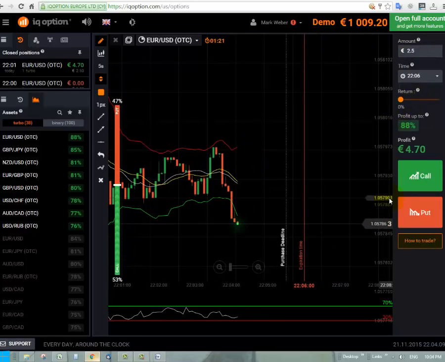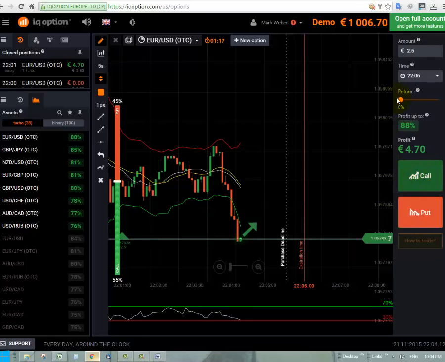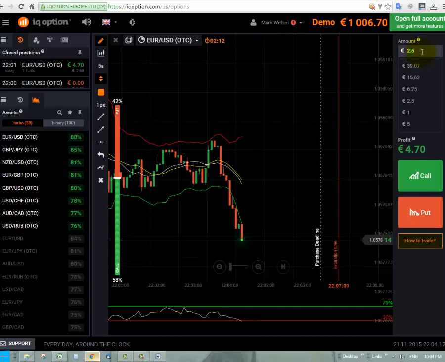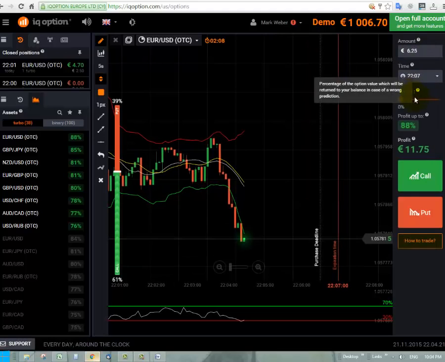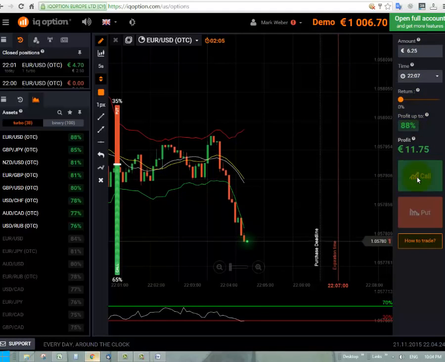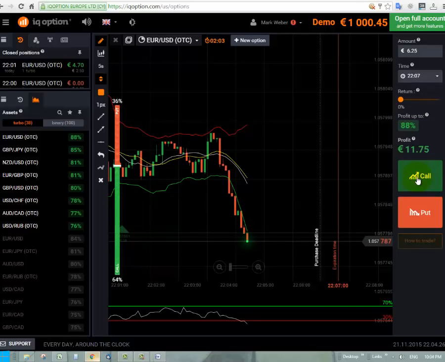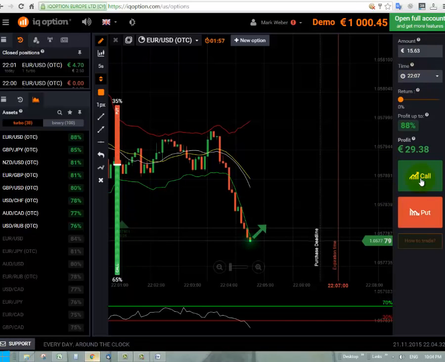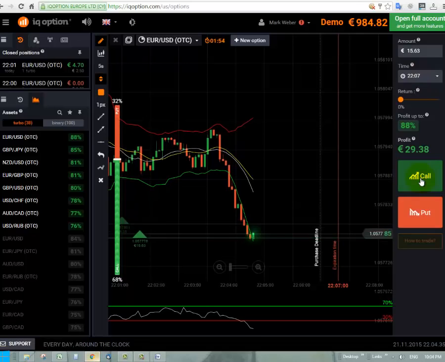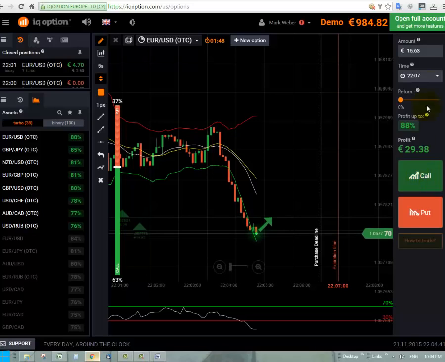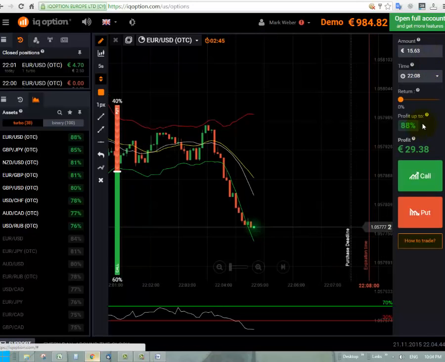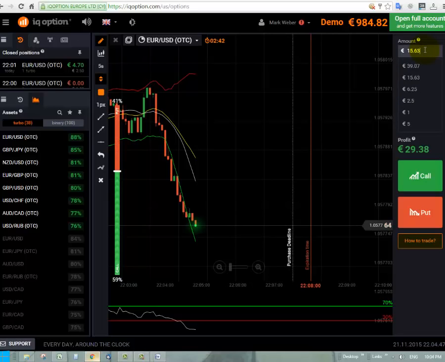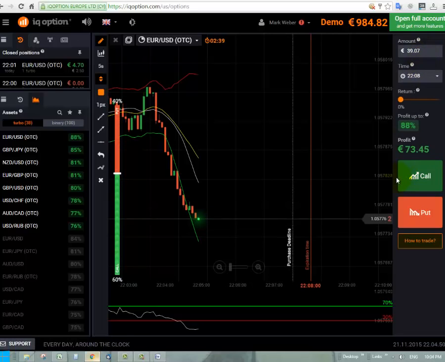Now we are preparing for the second position, and now we will be ready for the third position. And the fourth position. Change, also for the fifth position.